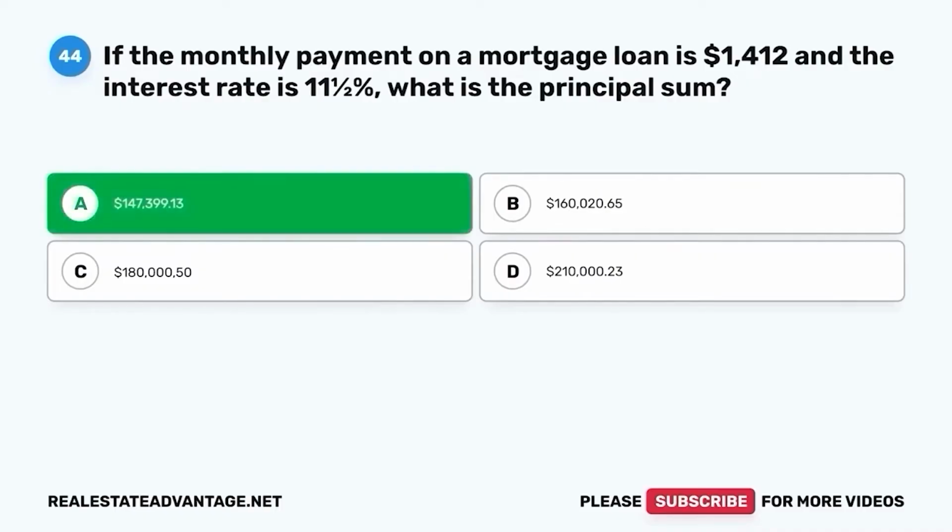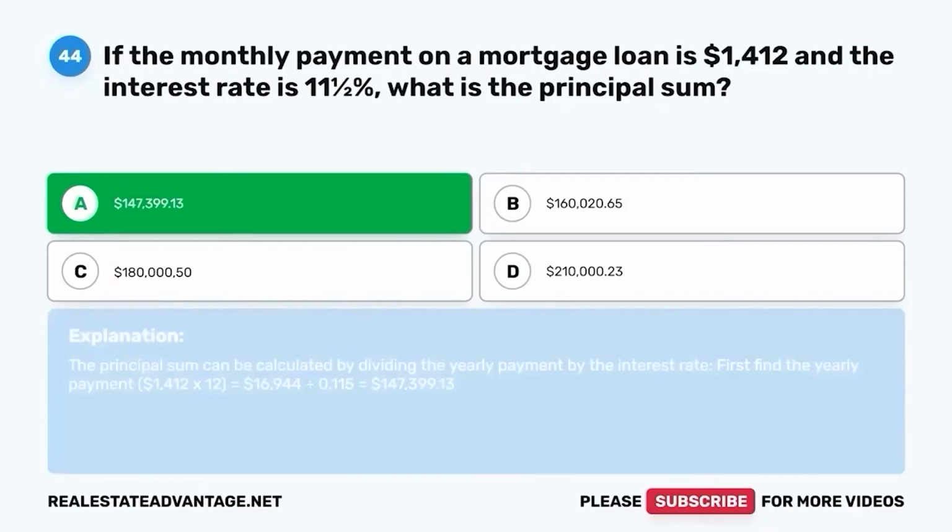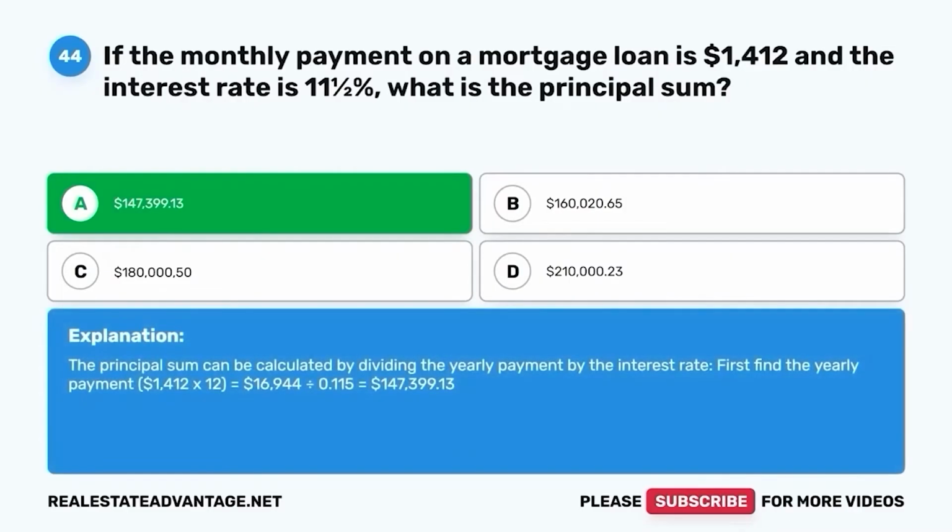The correct answer is A. $147,399.13. The principal sum can be calculated by dividing the yearly payment by the interest rate. First, find the yearly payment. $1,412 times 12 equals $16,944, divided by 0.115 equals $147,399.13.